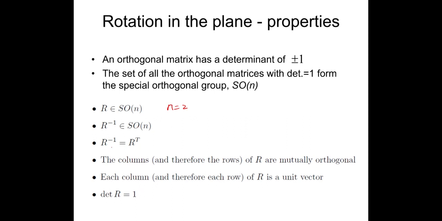The inverse of R equals the transpose of R, as I just talked about. The columns and also the rows of R are orthogonal, and each column of R is a unit vector. So those are the properties.